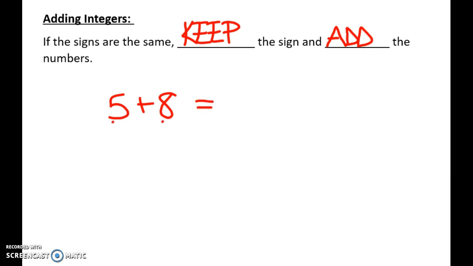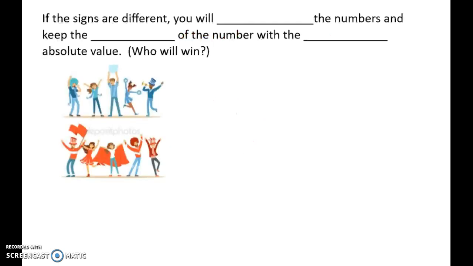We know we're going to keep the signs and we just add. Okay, the same thing would happen if they were negative integers. If we had a -6 and we added a -2, the sign negative is here and a sign negative here. They're the same, so we just add the numbers and keep the sign. Okay, so that's pretty straightforward.